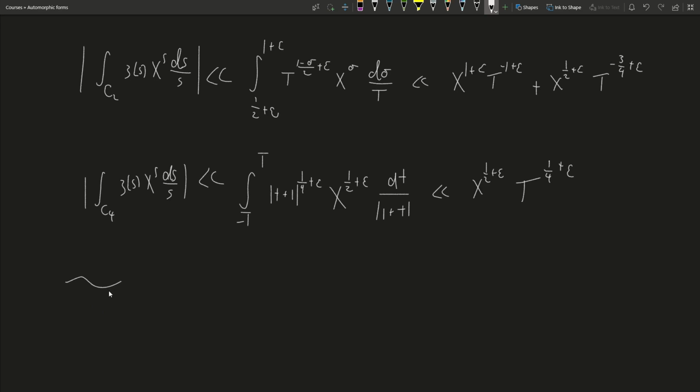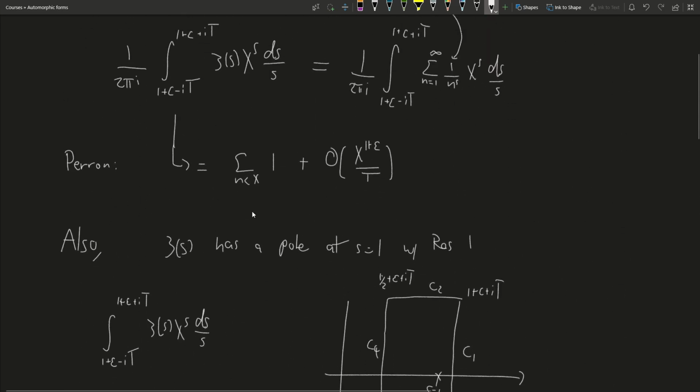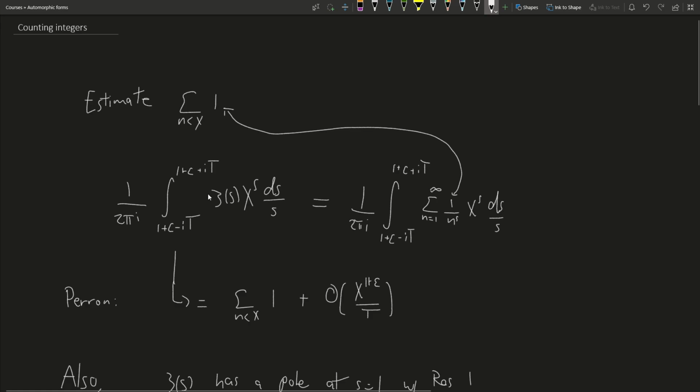So let's put it together at this point. To recap, the first thing we did was use Perron's formula to say that the integral along C1 was this thing.